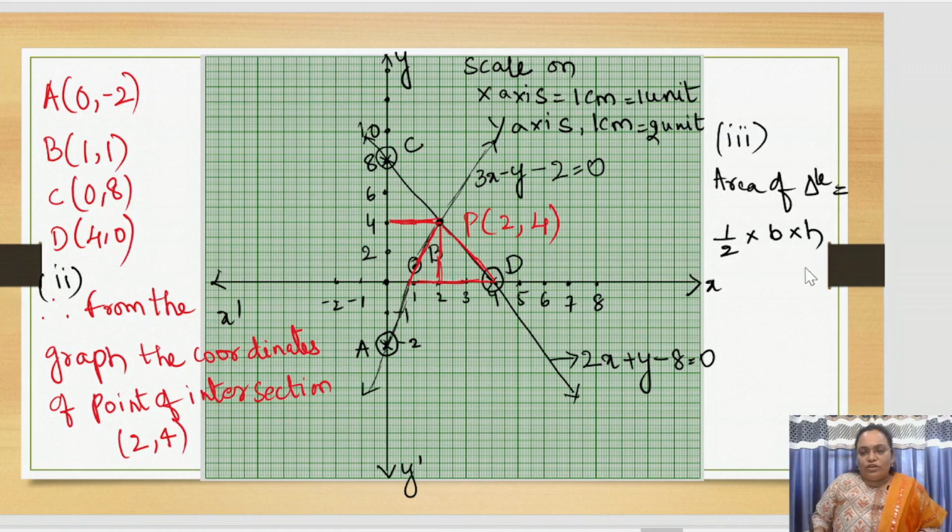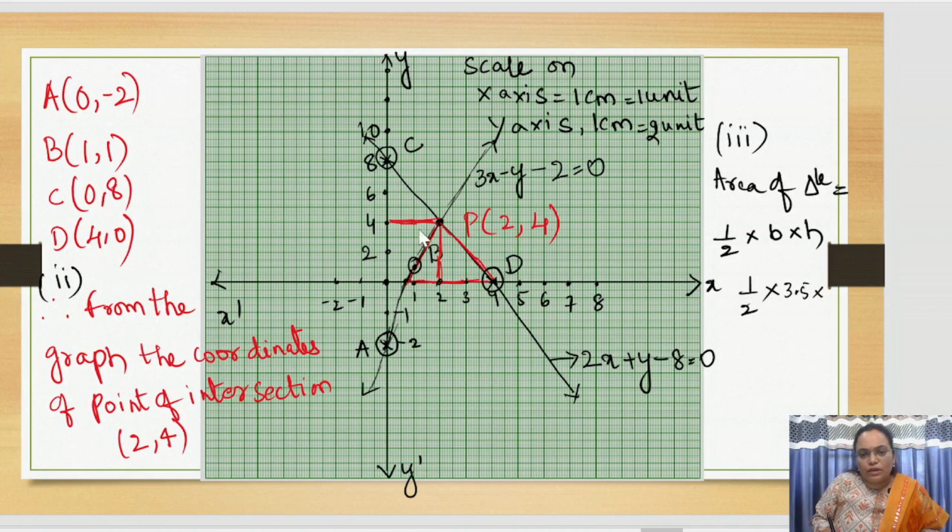Okay. Area of a triangle is half into base into height. So, half into, what is base? Base is from this point to this point, which is 3.5, into height, which is from 0 to this one, right?